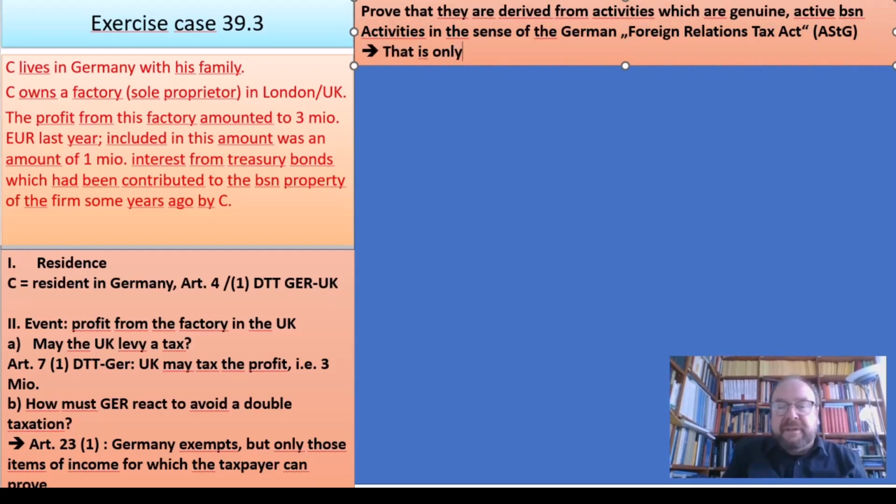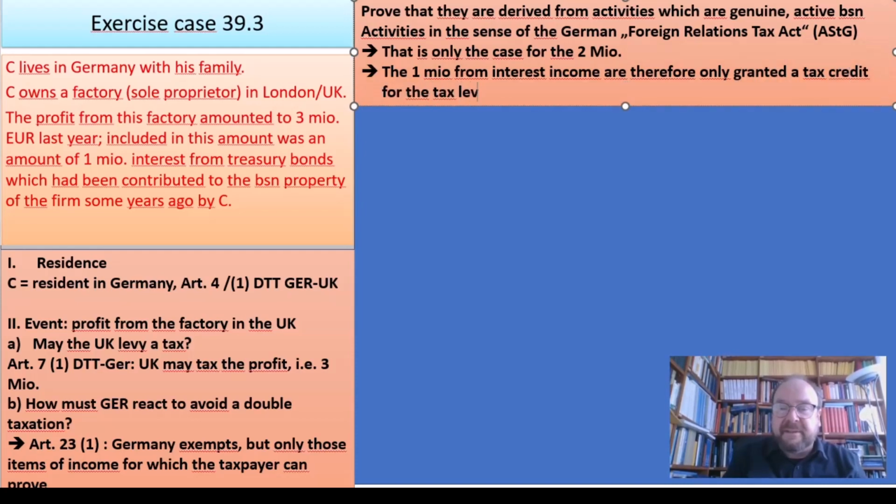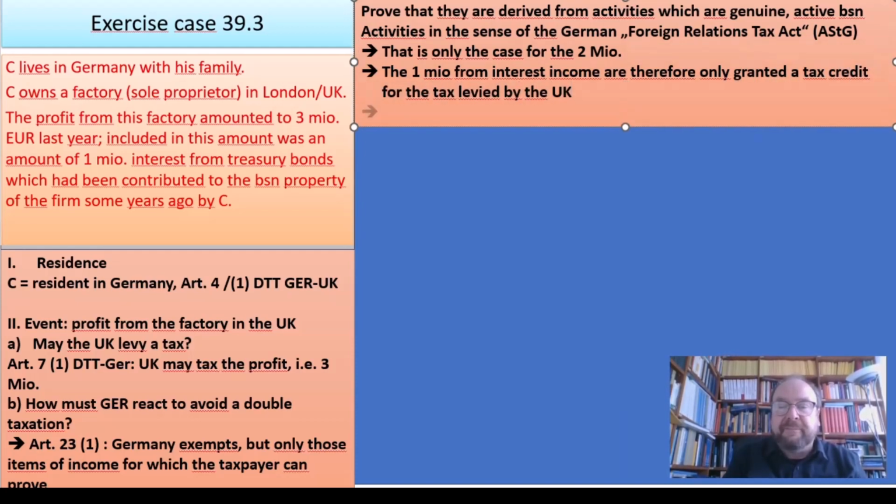That is only the case for the 2 million. The 1 million from interest income are therefore only granted a tax credit for the tax levied by the UK. See Article 23(1), subparagraphs B and C.